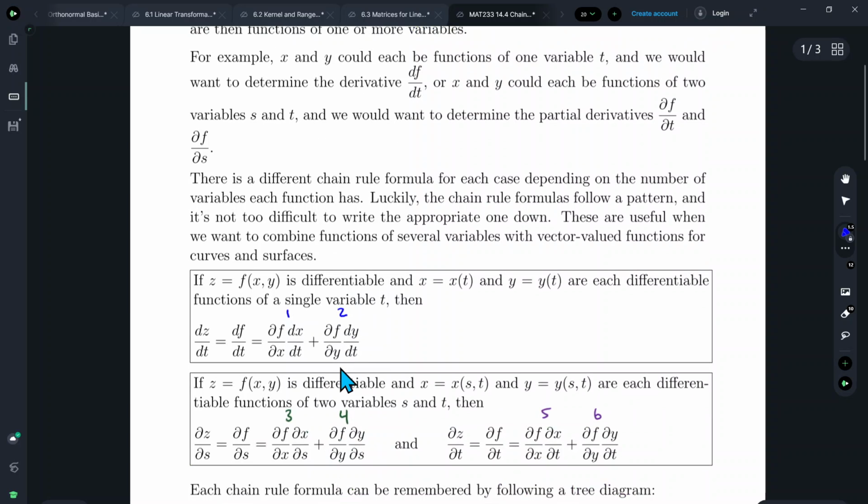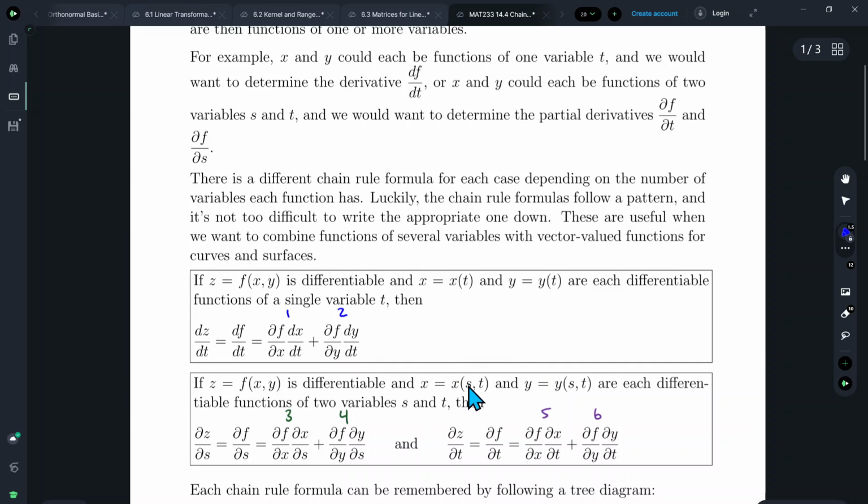And so if we change the number of variables, so here if we keep f to be the same, so two variables x and y, but then instead of being just functions of t, we can have x and y be also functions of two different variables. So x is a two variable function with s and t, and y is also a two variable function with s and t.